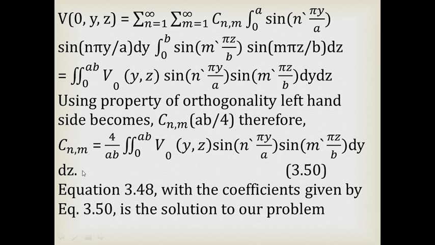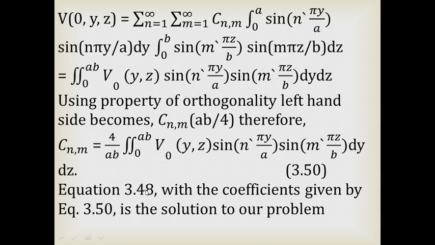Therefore, substituting this, we can find the value of the coefficient c n m, that is equal to 4 by ab double integration from 0 to a, 0 to b, v0, which is a function of y z, sine n dash pi y upon a, sine m dash pi z upon b, dy dz.